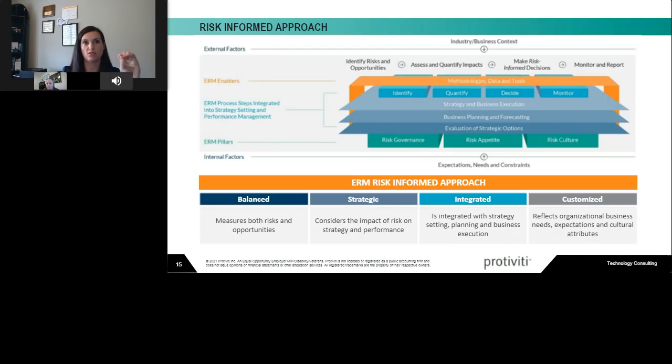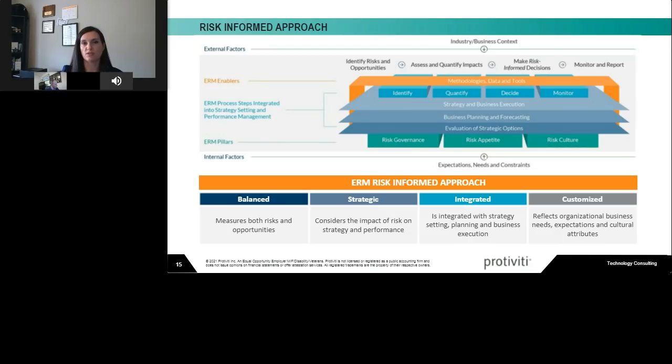So if you look at those external factors across the top, you'll see that we want to focus on risks and opportunities, but the other ones should look fairly familiar to you, because I think these components are pretty similar across a lot of other risk assessment frameworks, looking at the reporting and evaluation and monitoring of risks across a continuum. But this approach and framework also layers in some of the other things that NIST has identified as challenges.